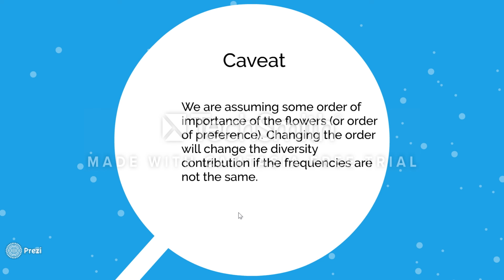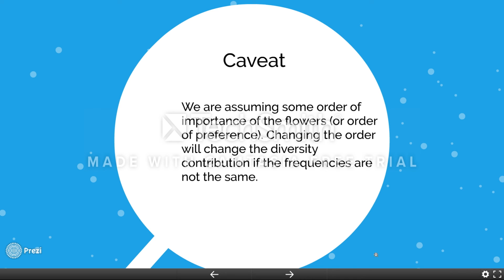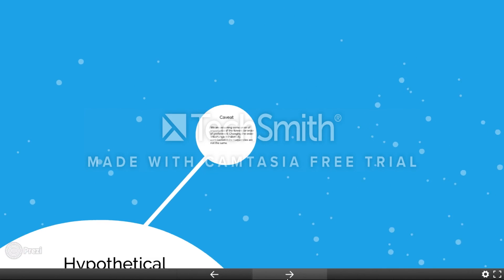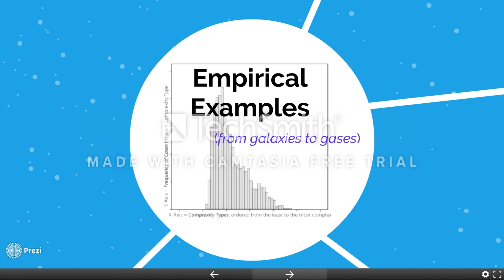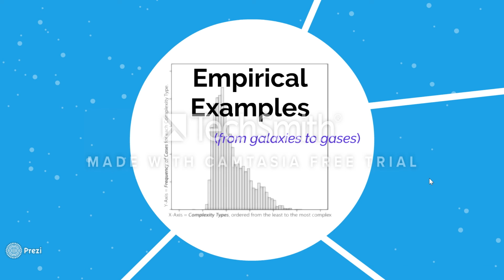That's how we plot histograms anyway. So that's the idea behind computing the case-based entropy. And with that, I will turn it back over to Brian, because he's going to discuss where we have used this case-based entropy with empirical examples.